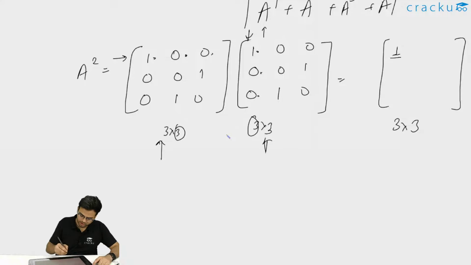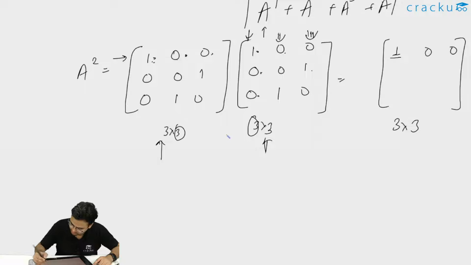Similarly A12 will be what? I have to take the first row and second column. So now I'll again multiply. 1 into 0 is 0, 0 into 0 is 0 and 0 into 1 is 0. So this is 0. Again first row third column for A13: 1 into 0 is 0, 0 into 1 is 0 and 0 into 0 is 0. So this element will also be 0. Now second row and first column: 0 into 1 is 0, 0 into 0 is 0 and 1 into 0 is 0.